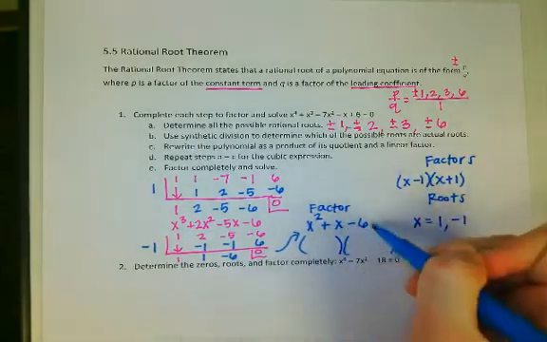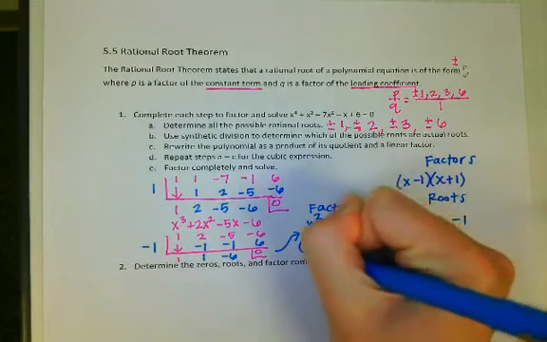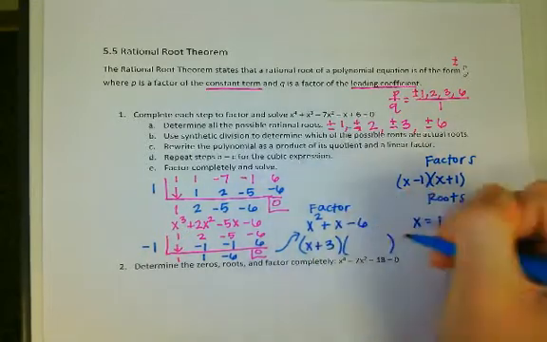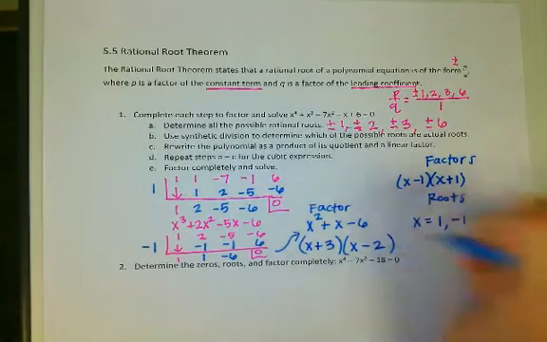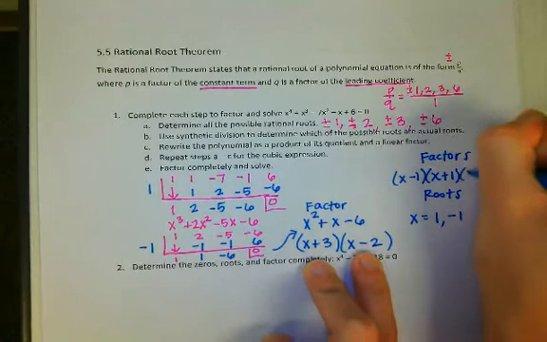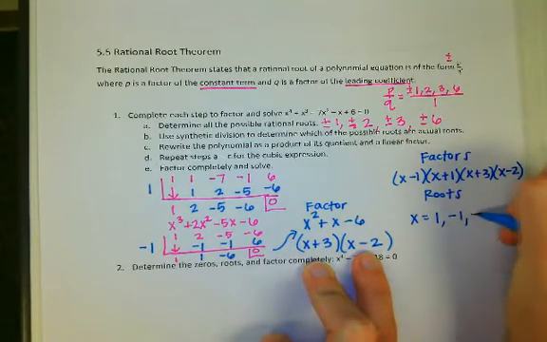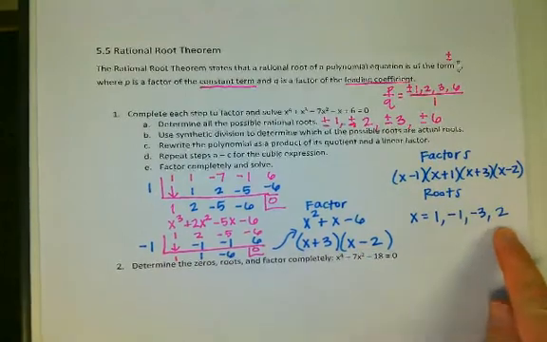So what multiplies to negative 6 but adds to 1? Let's see. Positive 3, negative 2. These are my final factors. And so then my two other roots would be negative 3 and positive 2.